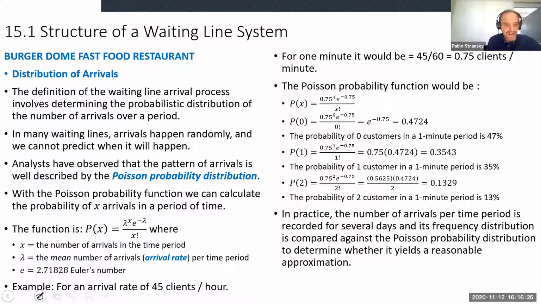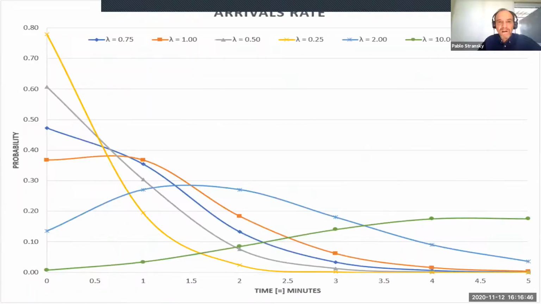It says, for an arrival rate of 45 customers per hour, okay? So for 1 minute, it would be 45 divided by 60, 0.75 clients per minute, and that was for lambda.